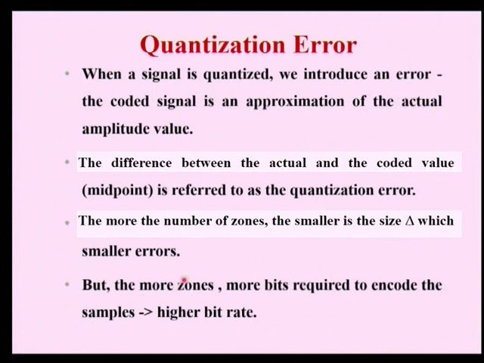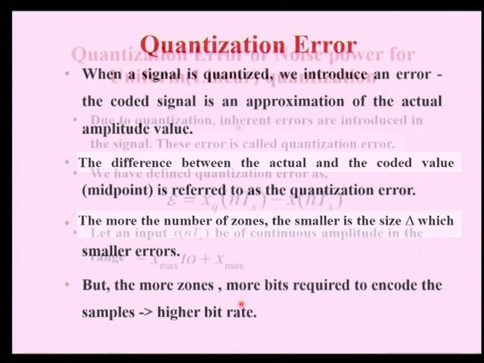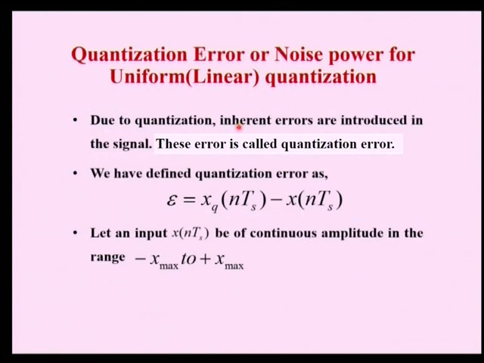But with more levels, or more quantization zones, more bits are required, so we require a higher bit rate for transmission. Due to quantization, inherent errors are introduced in the signal.